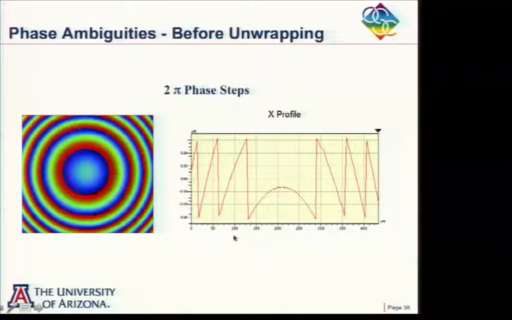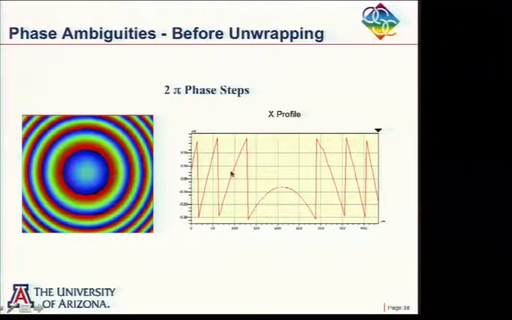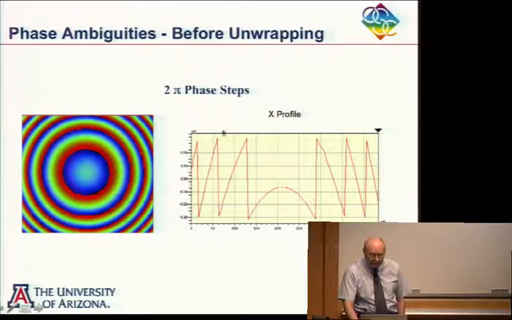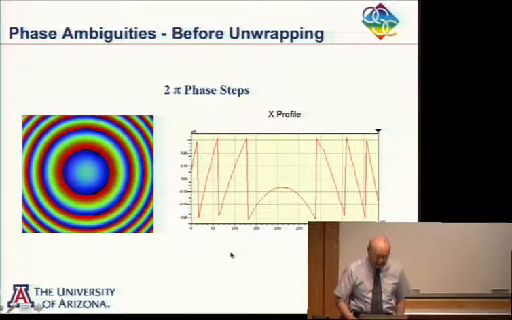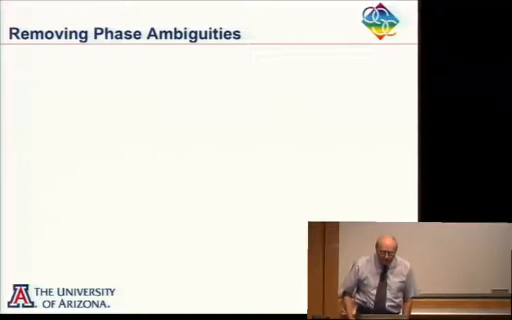So instead of measuring a nice smooth surface like this, what I measure goes from 0 to 2 pi, down to 0 to 2 pi, and so on, sort of like a sawtooth. That's not good. Some way I have to correct for these phase errors, phase jumps, phase ambiguities, whatever you want to call them.